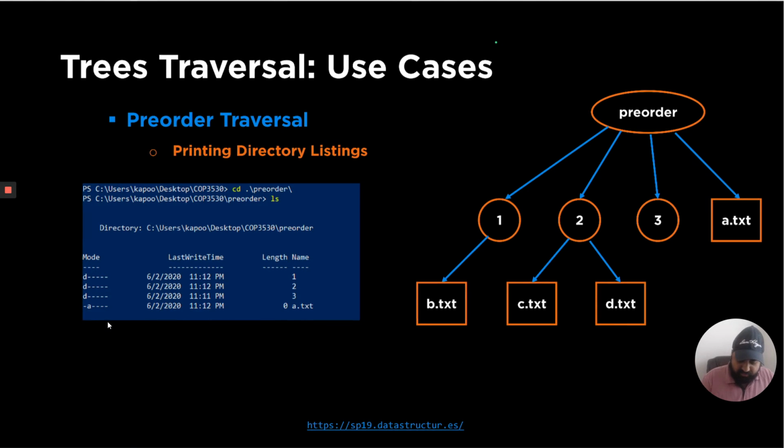So I have a few use cases here. I have this file system with a folder called pre-order. This has three different folders, 1, 2, and 3. Within this pre-order folder, I have one text file, while within folders 1 and 2, I have three different text files: 1 has b.txt, 2 has c.txt and d.txt.